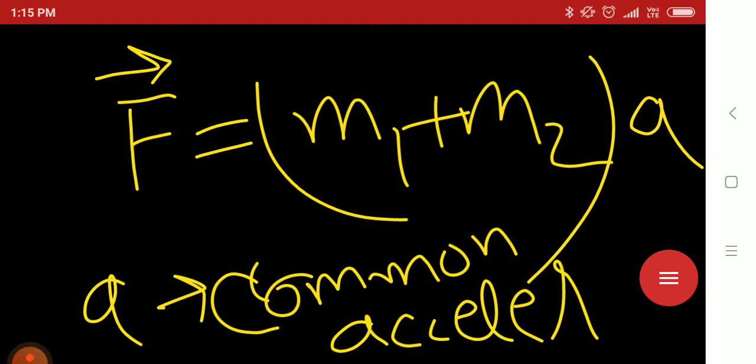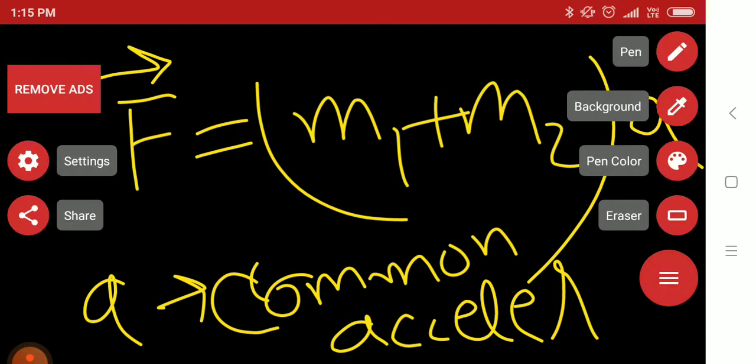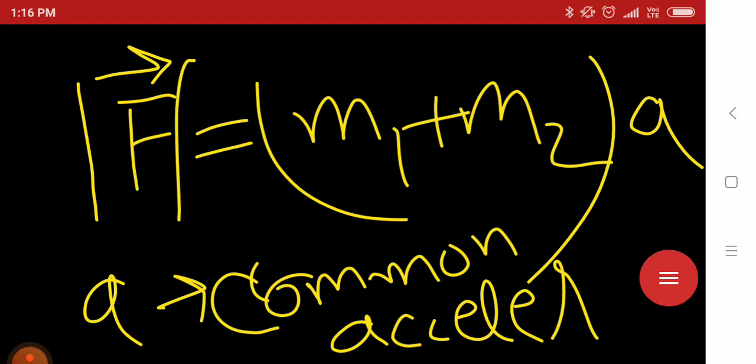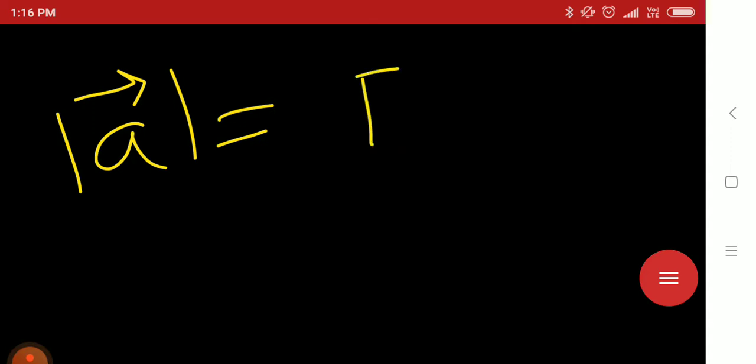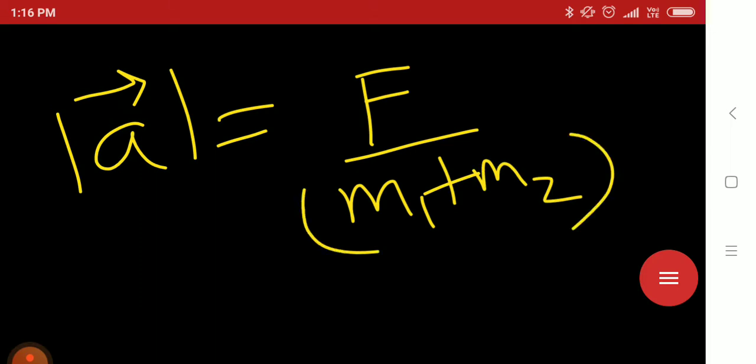The M2 mass also moves with acceleration A. Taking the magnitude, because F is a vector quantity, the magnitude of the force equals M1 plus M2 into A. From here we get A equals F by M1 plus M2, the common acceleration.